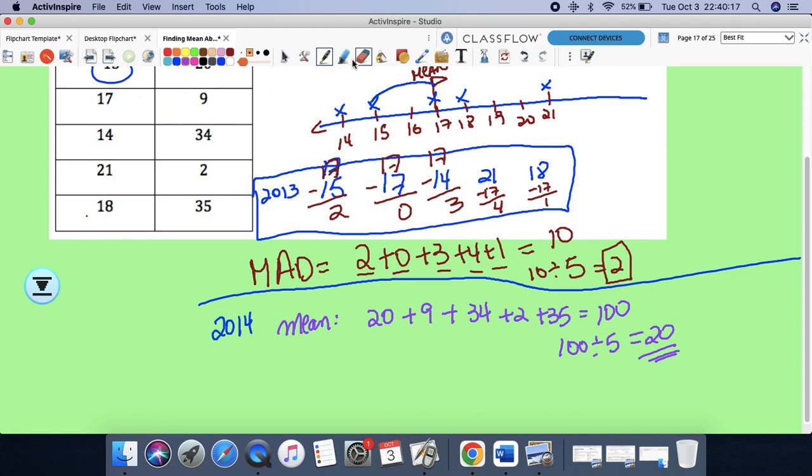All right, so now I'm going to draw a number line, just like I did on top. It's going to be a little bit bigger.